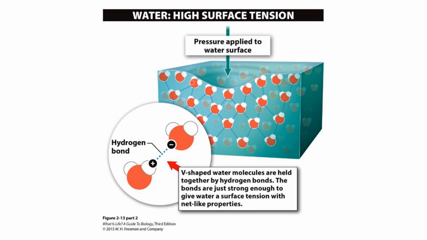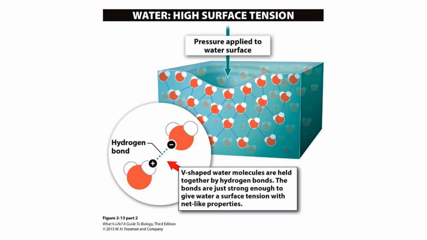So the hydrogen bonds between those water molecules at the surface are very strong, and they create that surface tension. As long as those bonds are not broken, the insects are able to walk on the surface of water.